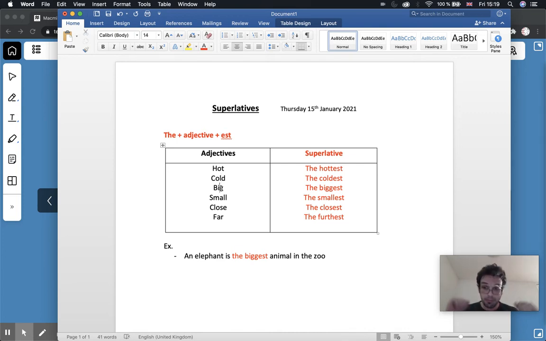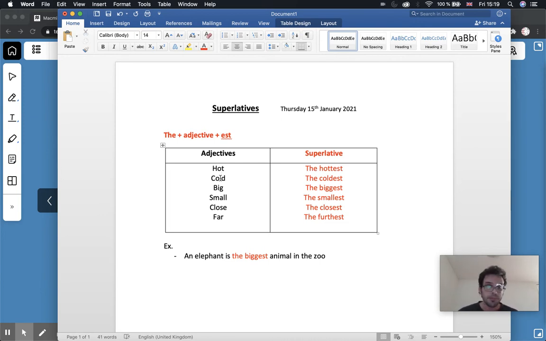Big, grande. Small, pequeño. Close, cerca. And far, lejos. Okay? So, these are adjectives, right? We use these words to describe things. Estas palabras son para describir cosas.